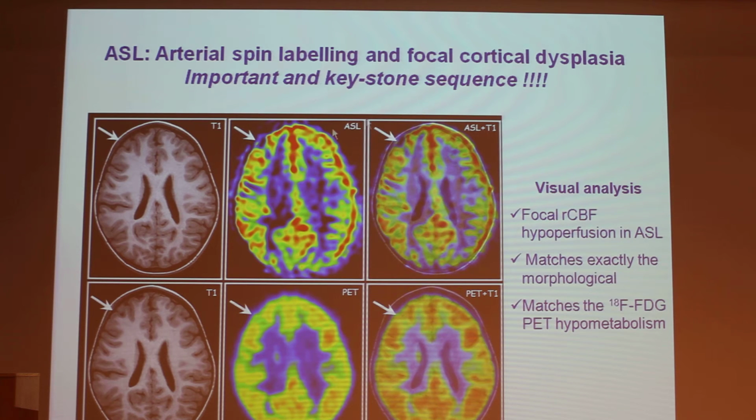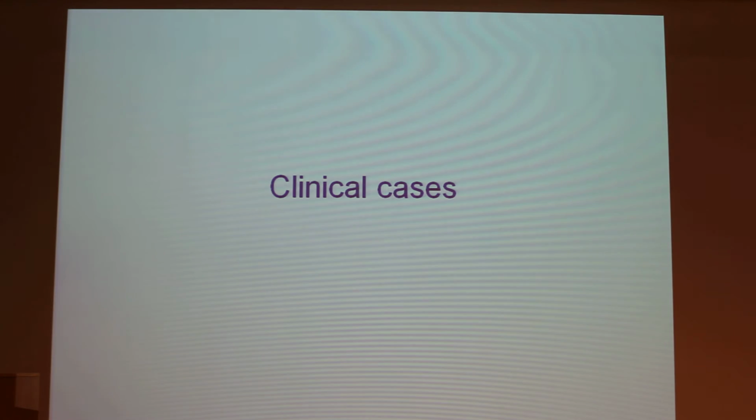So we have to perform the ASL, and here you see the focal hypoperfusion in ASL that matches exactly with the morphological MRI, and that matches exactly with the positron emission tomography hypometabolism that is the gold standard. So now we have the ASL, and we are very happy. And in the MRI protocol, 3D T1, FLAIR, T2, and perhaps gadolinium, we have to perform the ASL.